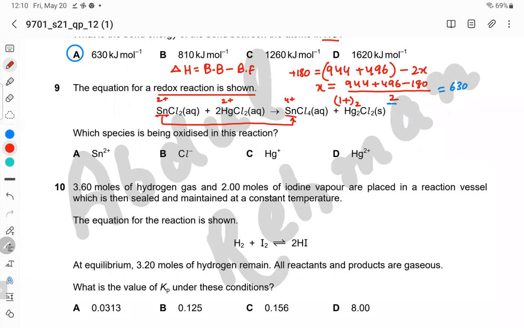Tin is converting from plus 2 to plus 4, which means its oxidation number is increasing and it is losing 2 electrons. So it is tin 2 positive. So the correct answer is tin 2 positive. Is it clear to everyone?